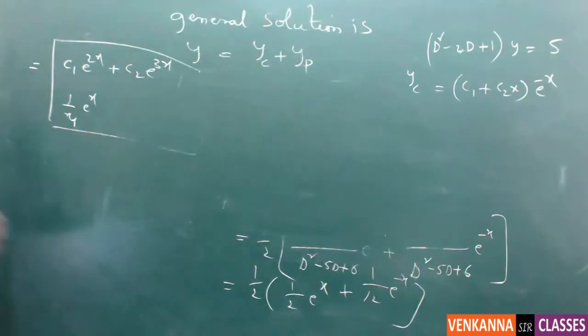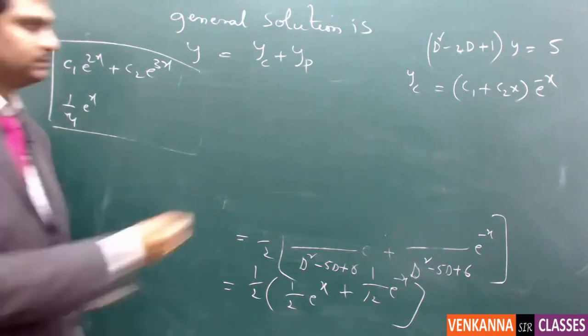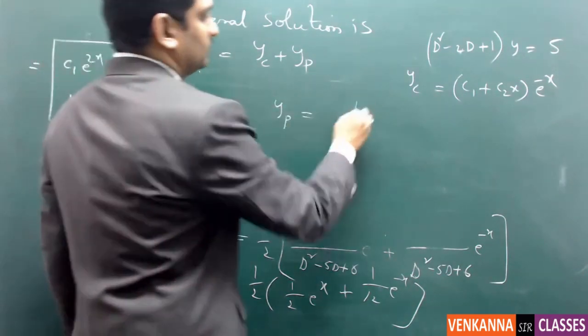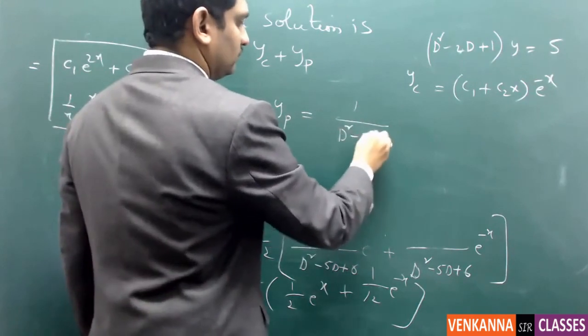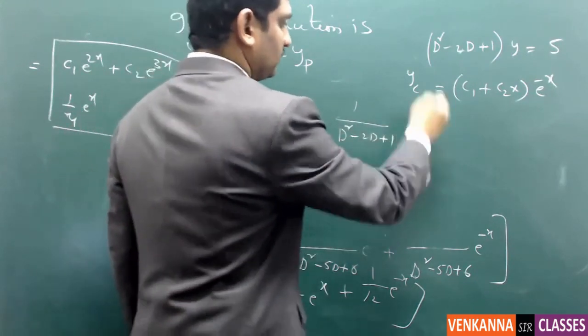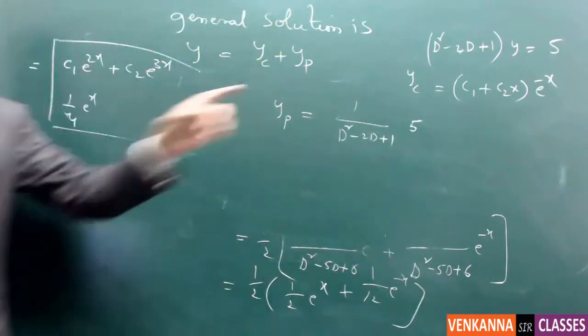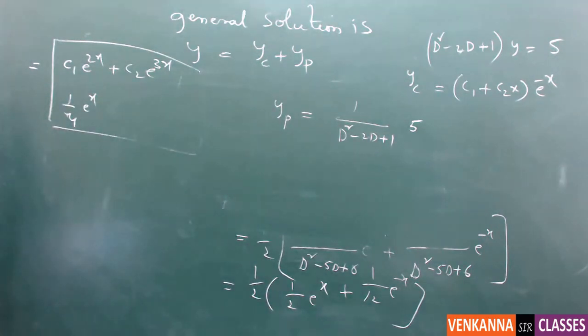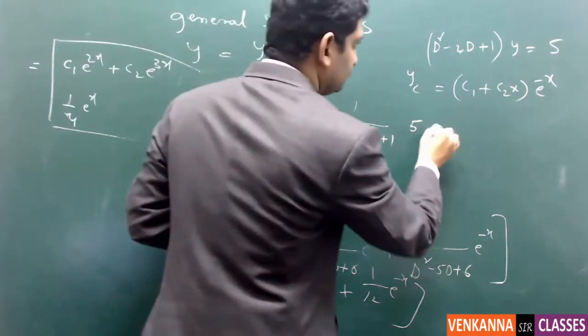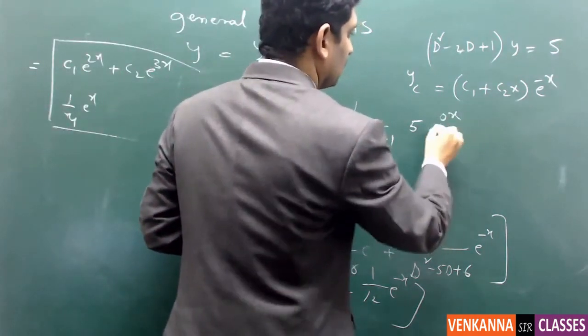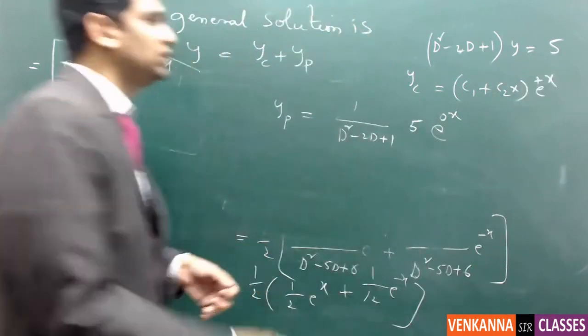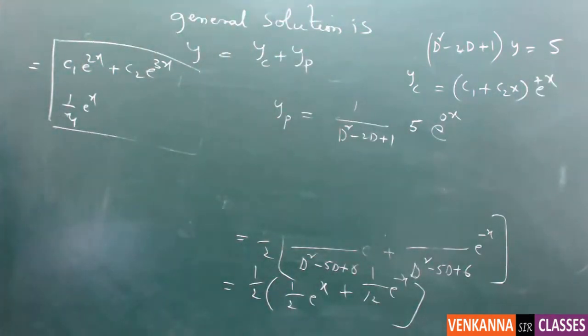Now, for finding the particular solution, since only a constant is present there, we treat the constant as e power 0x.